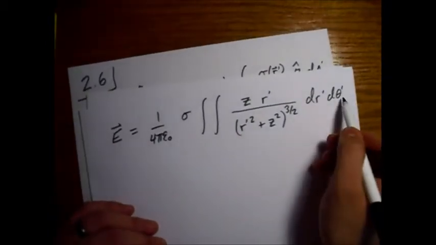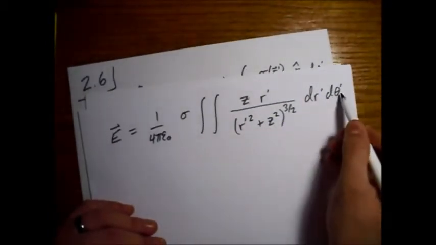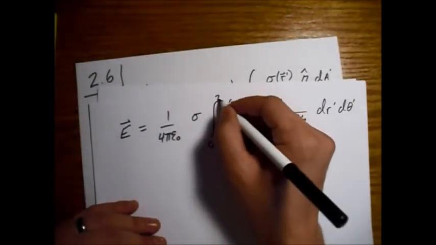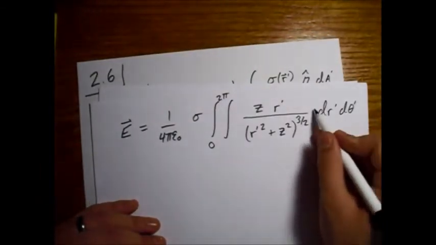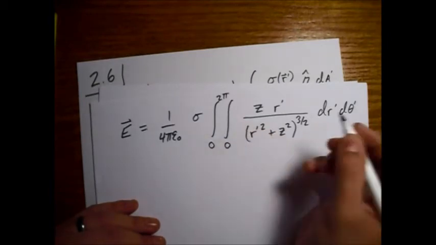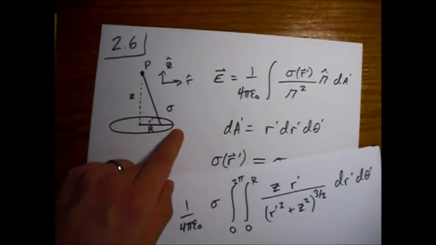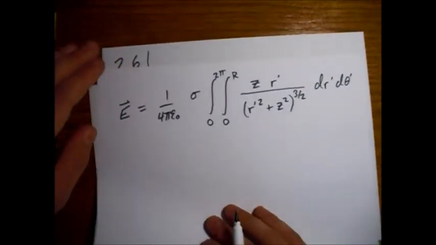All right, so working outwards in, our theta integral is going to go all the way around the circle, 0 to 2 pi, and our radial integral is just going to go from 0 out to the capital R, which is the outer radius of this disk.